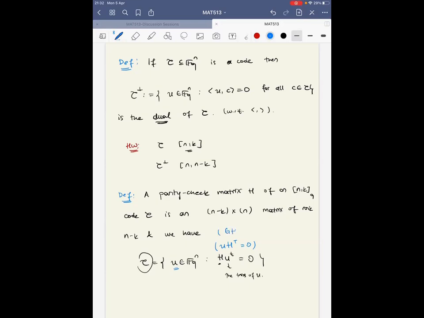And obviously, you can see its relation with the generator matrix G of C.